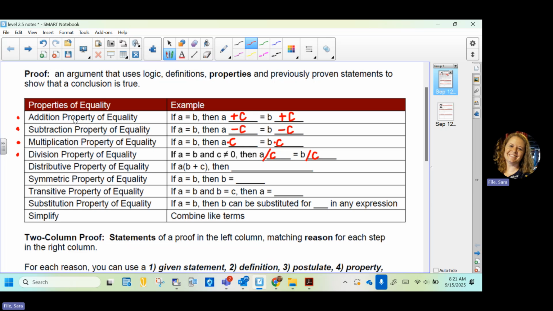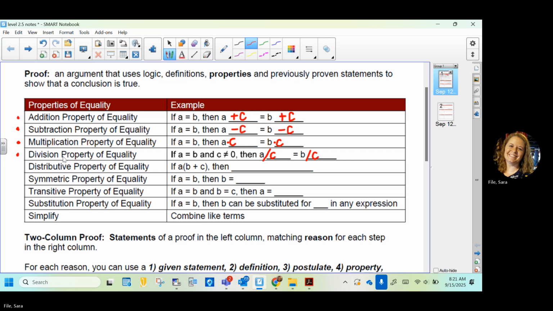Or if you want to abbreviate property of equality, you can write prop, P-R-O-P period, so I know it's property, and then you could write of, and EQ for equality. That's up to you, if you want to write out the entire thing or abbreviate it or just write addition. But you need to know that these are actual properties of equality.